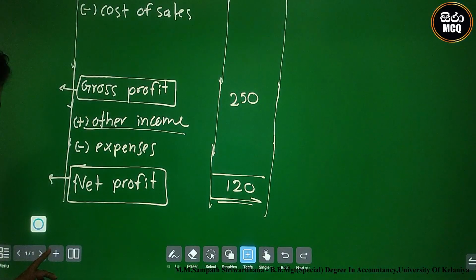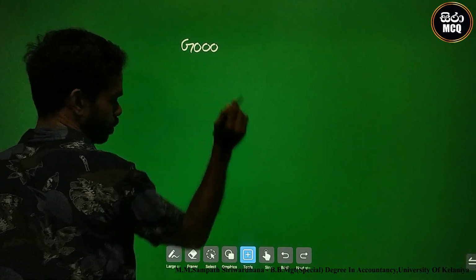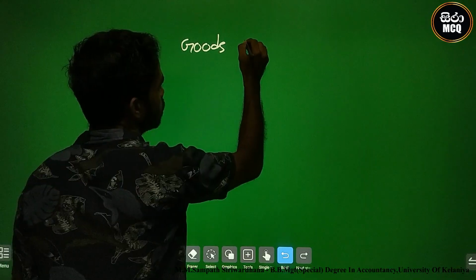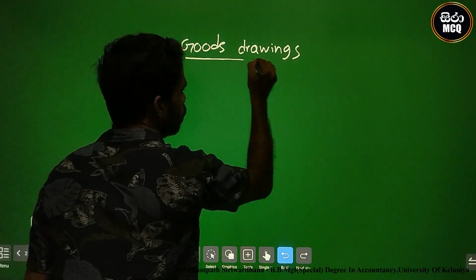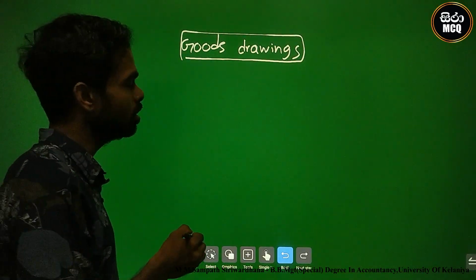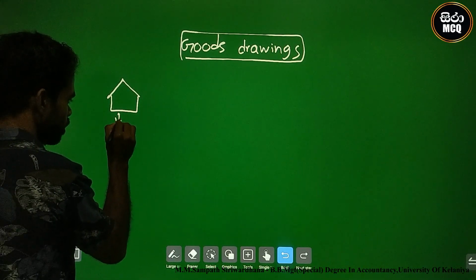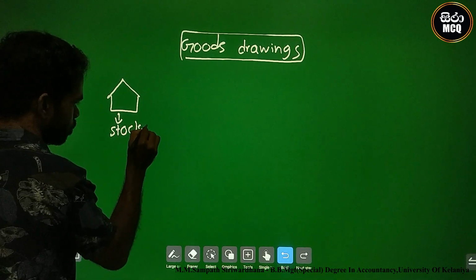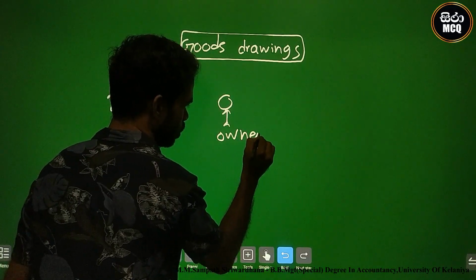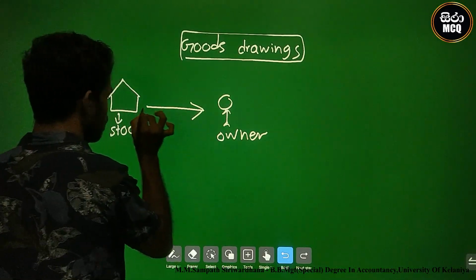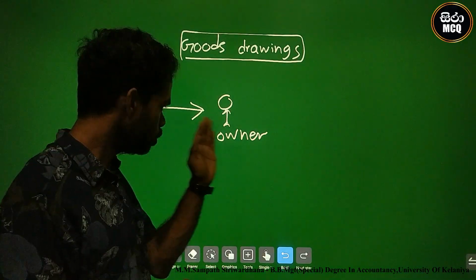Goods drawings means stock drawings. The business has stocks, and the owner draws these stocks. This is the outflow of stocks to the owner.